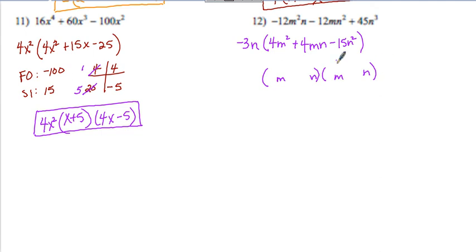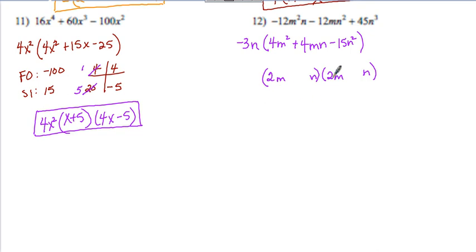We need this middle to be multiplied to the negative 60 and adding to the 4 for our t-chart if we were going to do a t-chart. Let's start trying things that multiply to 4. Let's try a 2 and a 2.